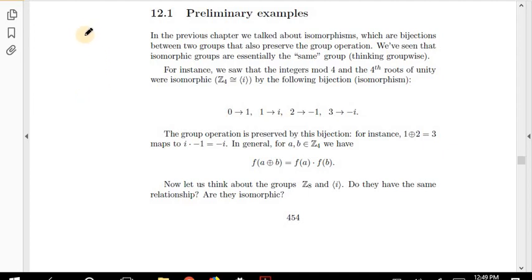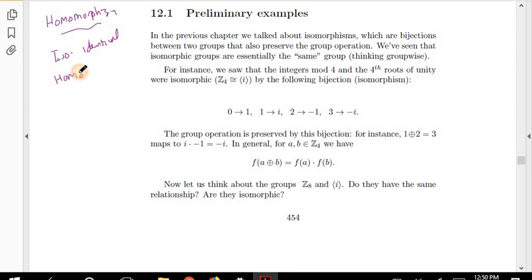All right, in this video I'm going to talk about homomorphisms. Now, we've talked about isomorphisms, which is similar. The difference is that iso means identical, and homo means like.